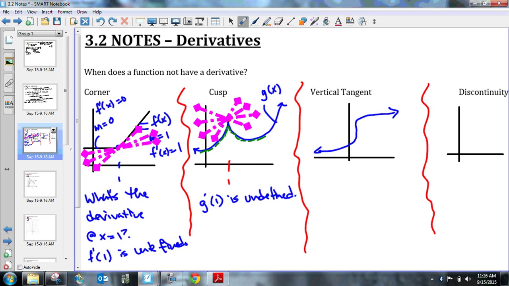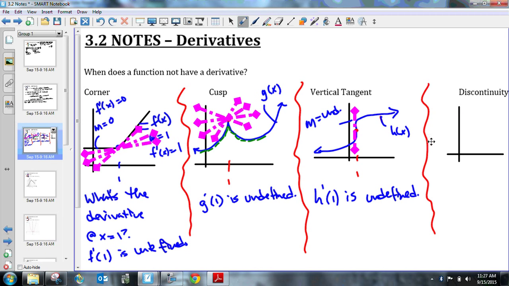It may not be terribly exact, but at this point, which I'll call 1 as well, the tangent line is vertical, and a vertical slope is undefined. I'm going to call this h of x. Let me change to blue. So this is h of x, and h prime of 1 is undefined, because my slope, m, is undefined.